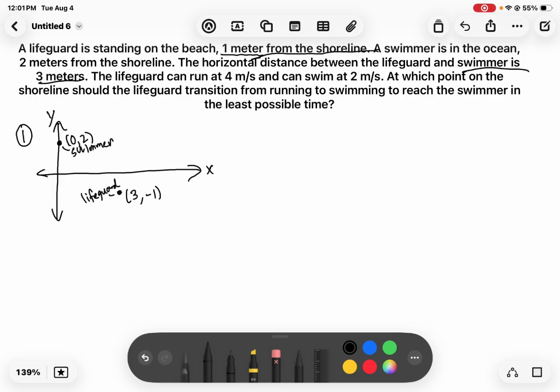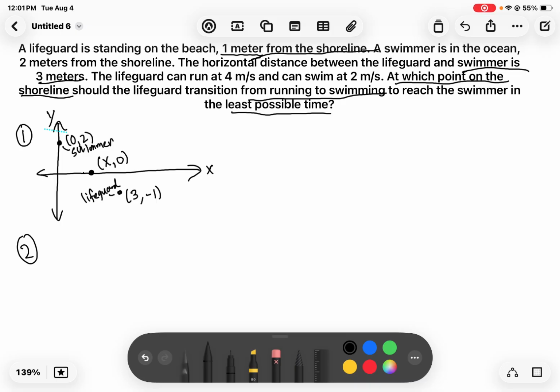So now that we have a picture, our next step is to identify constraints on the variables. Let's see what our variable even is in this case. We want to know at which point on the shoreline the lifeguard should transition from running to swimming so that she can reach the swimmer in the least possible time. So there's some point on the shoreline, on the x-axis, with coordinates (x, 0), where the lifeguard transitions from the beach into the water.